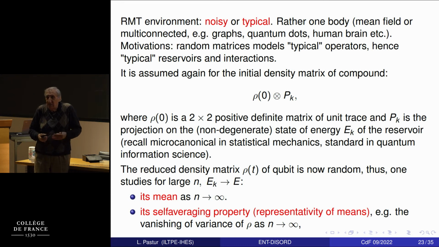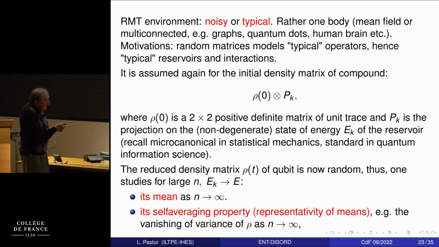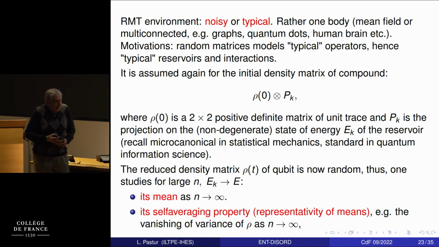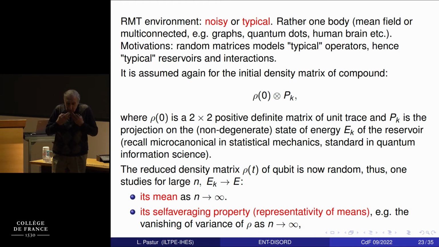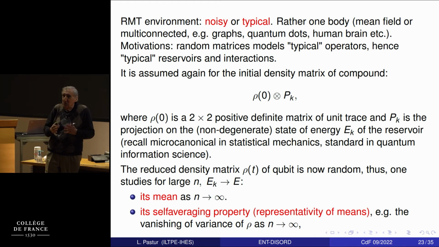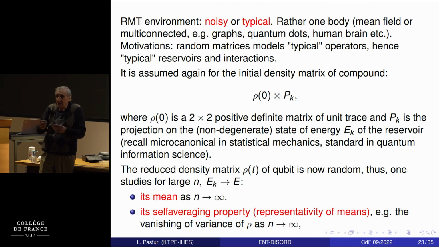This is a kind of situation which, I even dare to say, I have seen recently in Nature: a tomogram of the human brain, where there are neurons everywhere. So it's quite a dense network.